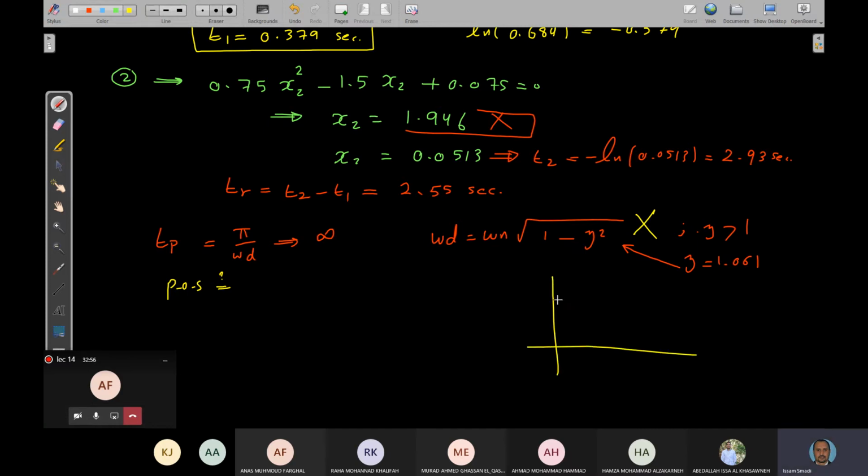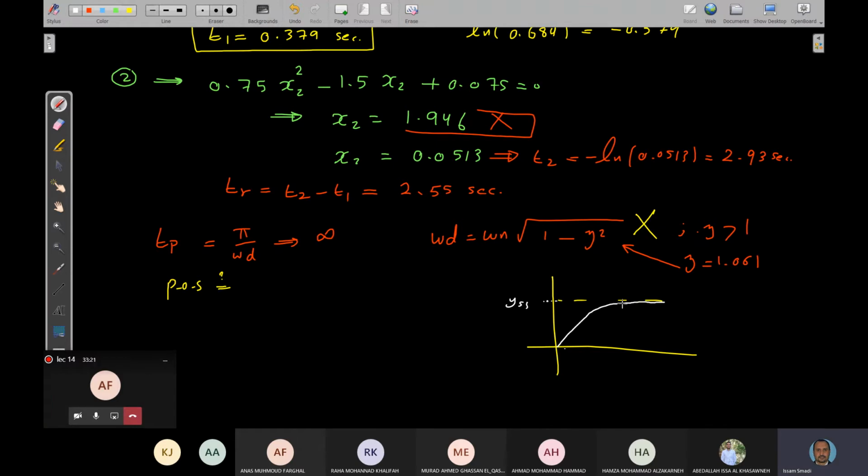Now, if I plot this one here, I have the error signal or the response, which will go from here to here. It will reach the maximum value at infinity. And the maximum value in this case is y steady state, correct?